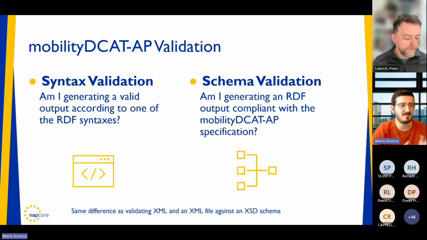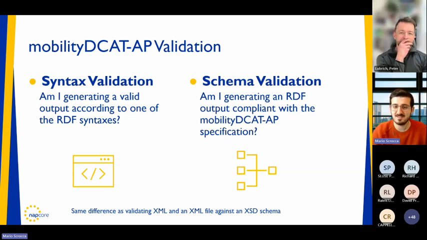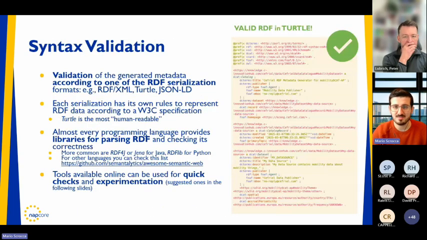The question is, am I generating a valid output according to one of the RDF syntaxes that I am considering? The second one is schema validation. In this case, I'm asking myself whether this RDF, that is a valid RDF, is also compliant with the given specification. In our case, it is compliant with the mobilityDCAT-AP specification.